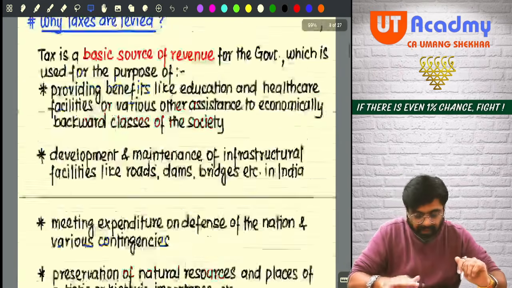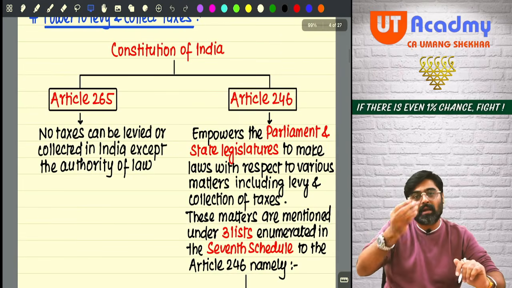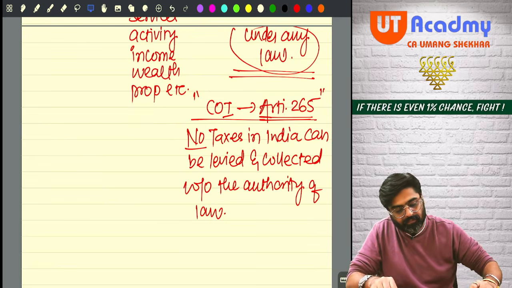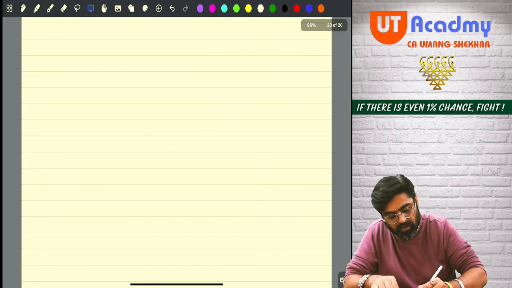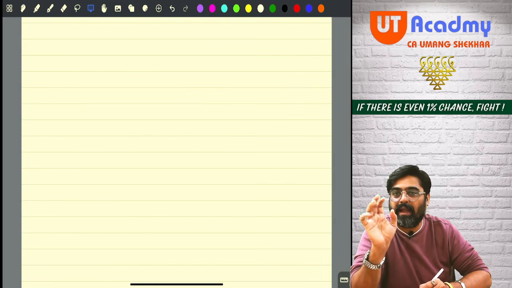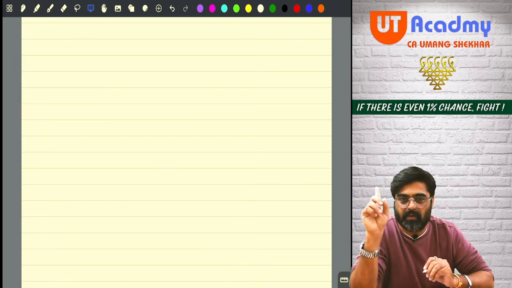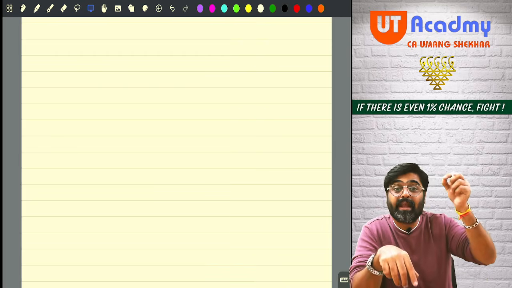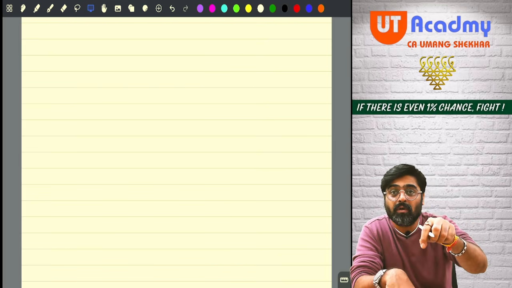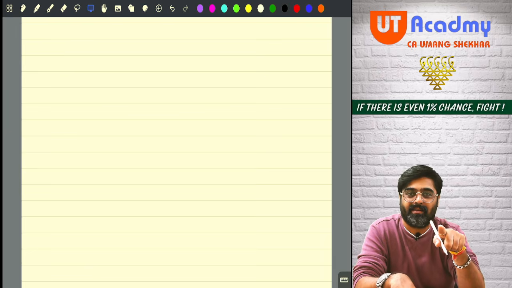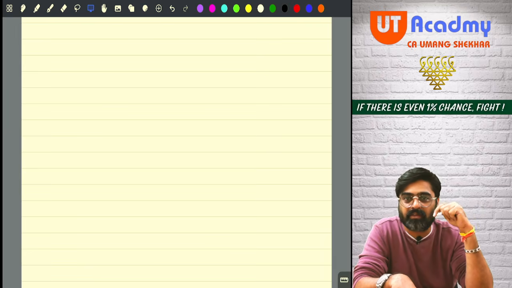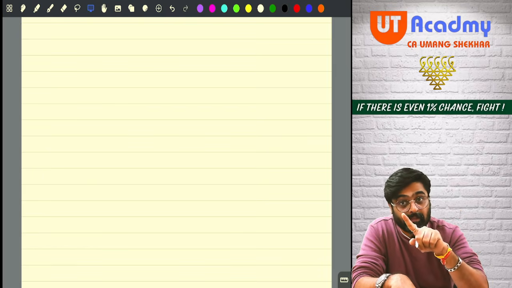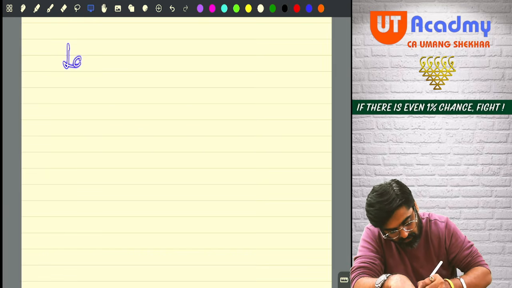Okay, now come, let's see what our constitution says. Now see, I told you one thing, that no taxes can be levied and collected without the authority of law. Right? No taxes. It cannot be levied also, and neither can it be collected. That is what Article 265 says. Without the authority of law. That means there has to be some law.